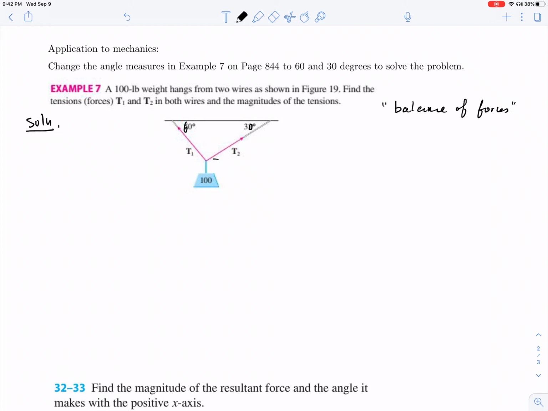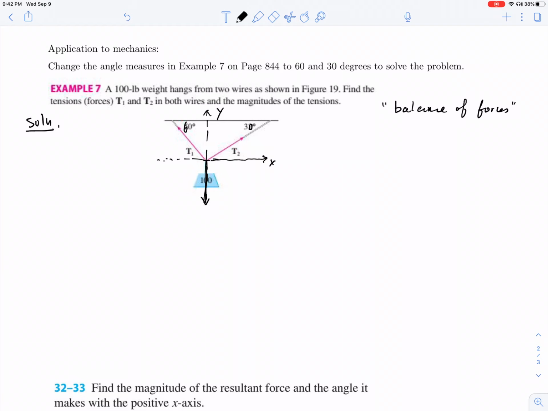Now, if you look at this one over here, because we want to write down the components for vectors, it's a good idea to draw a good Cartesian or XY coordinate system. And if you do this, then we have a very good representation for these forces.